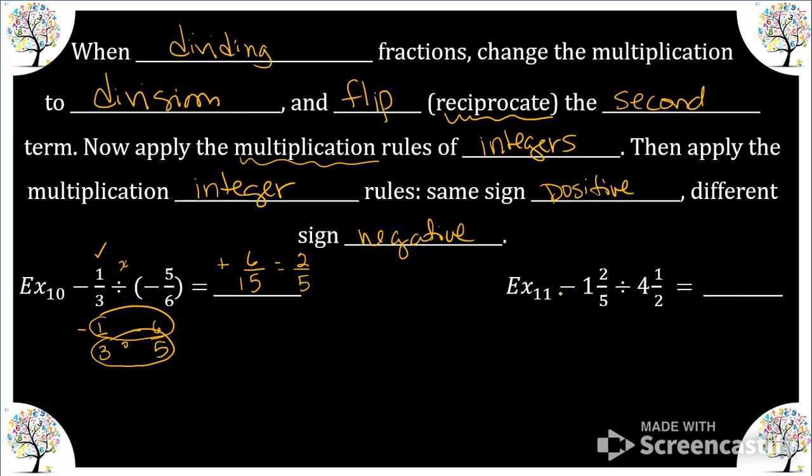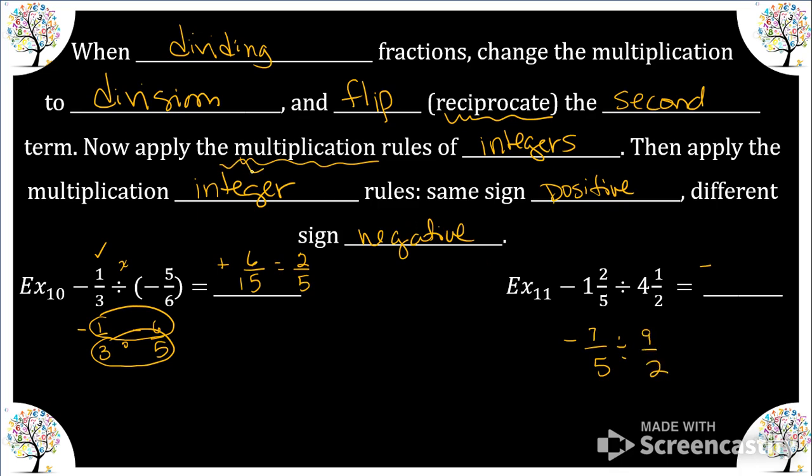Number 11, we have a negative divided by a positive, so we have a negative quotient. I'm going to first convert these to improper. 5 times 1 plus 2 divided by 2 times 4 plus 1.